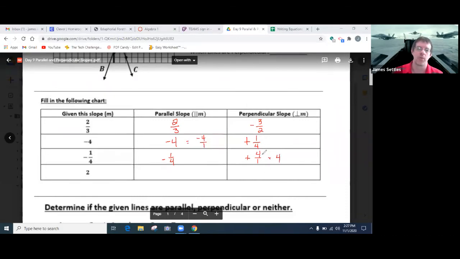Okay, but 4 over 1 is also fine. All right, and then 2, so the parallel slope would be 2. And then if I make this 2 over 1, makes it a little bit easier to flip. So if I change the sign, it would become negative because it was positive here. And then I flip the fraction, it would be 1 over 2.